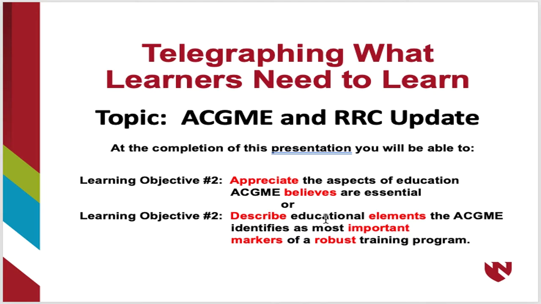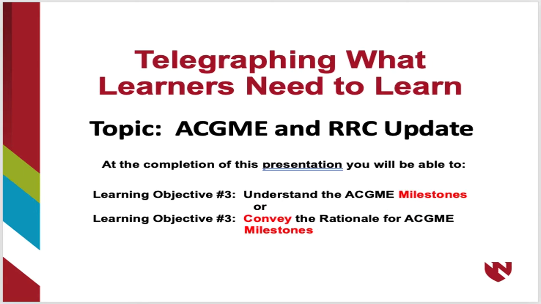These are educational elements, and when you say appreciate, you mean that they should be able to describe, after listening to your presentation, those educational elements that are essential, because they are important to the robustness of a training program. So you get some sense of how important it is to make the information clearer and more precise. Here's another one. One objective for this presentation might be to understand the ACGME milestones.